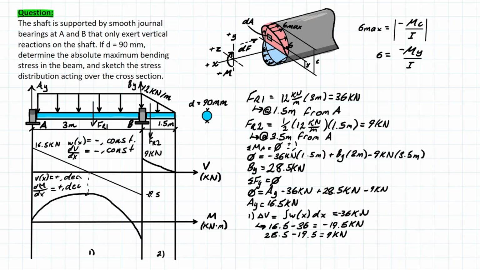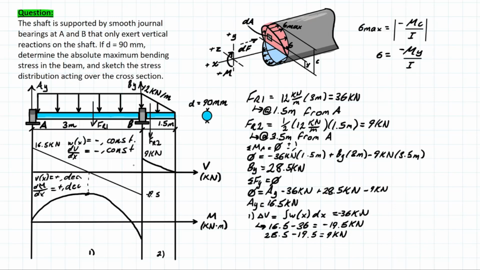But how do we know what this value is going to be at this point here? Well, you would assume that you can take half of this length and just times it by 16.5 and do half since it's a triangular distribution. But these two numbers are not exactly the same, so this is not going to be at exactly half of that span of that segment.